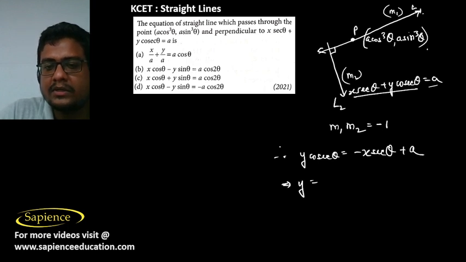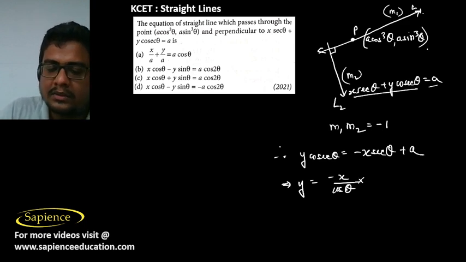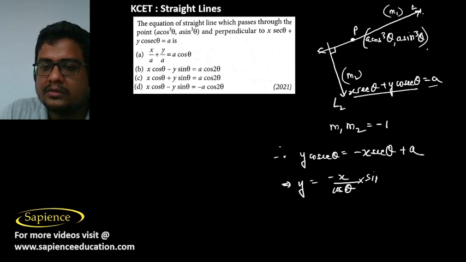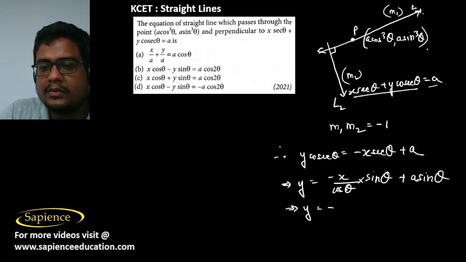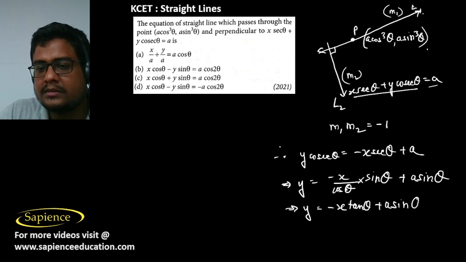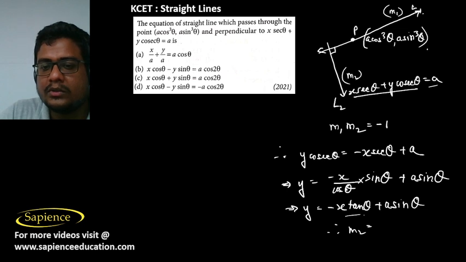We can write y = -x secθ/cosecθ + a/cosecθ, which means y = -x tanθ + a sinθ. So the slope m2 is -tanθ.